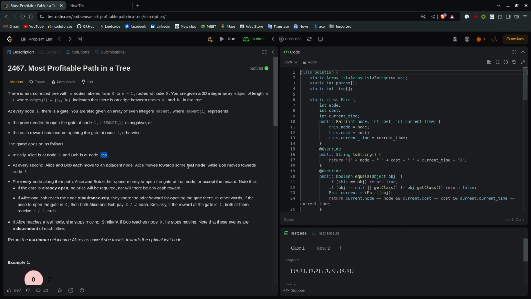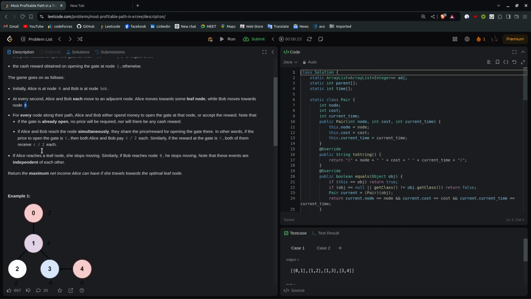Alice moves towards some leaf node while Bob moves towards node 0, which is the root node. And the next condition given is, for every node along their path, Alice and Bob either spend money to open the gate at that node or accept the reward. I have already mentioned that section.